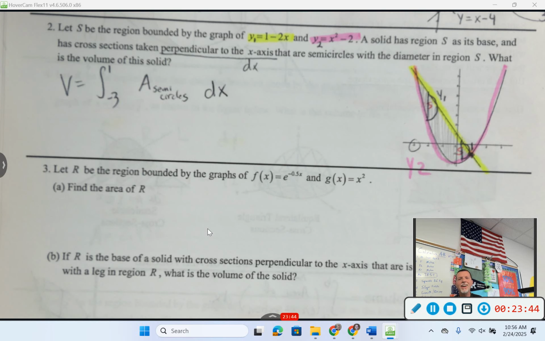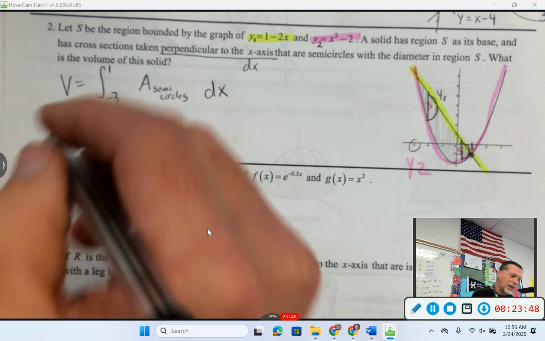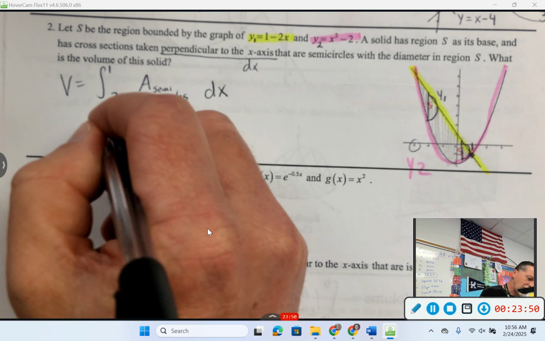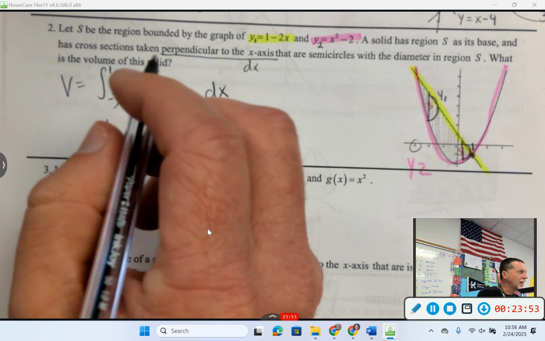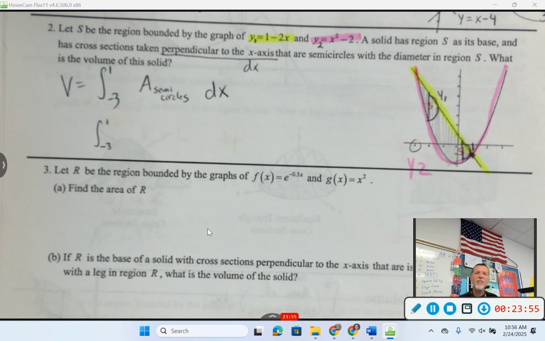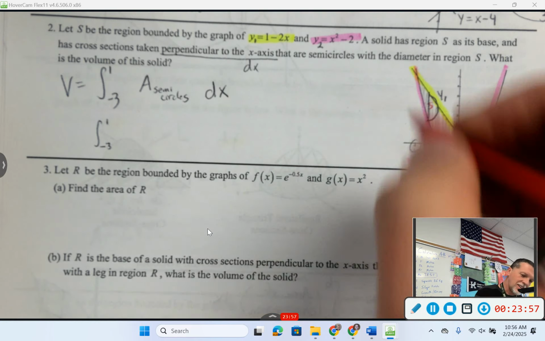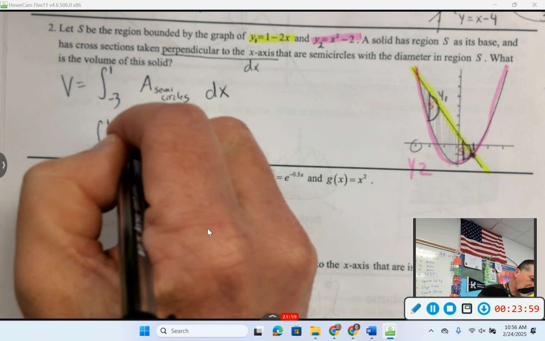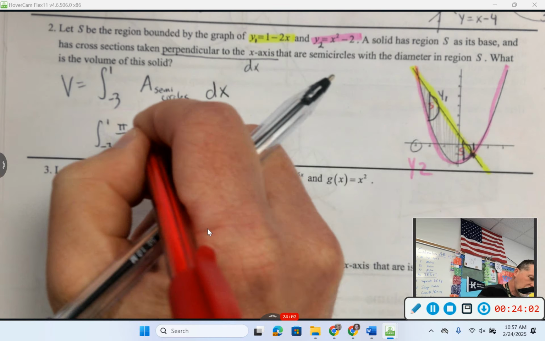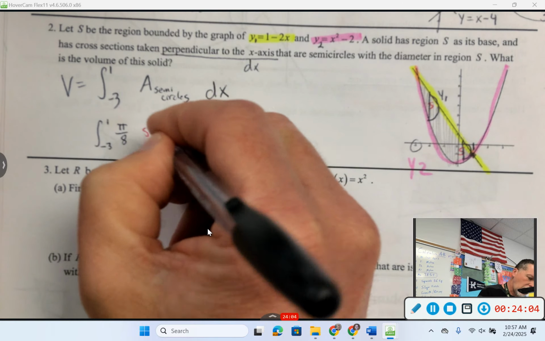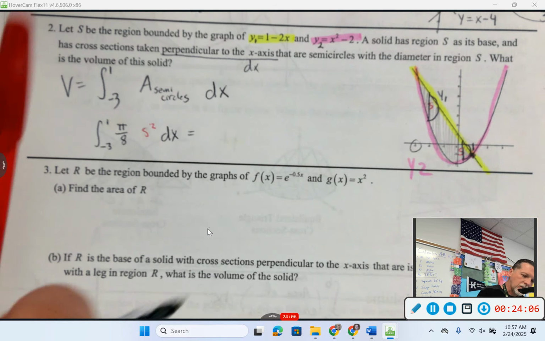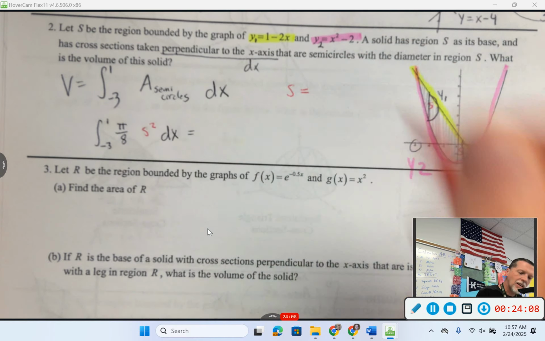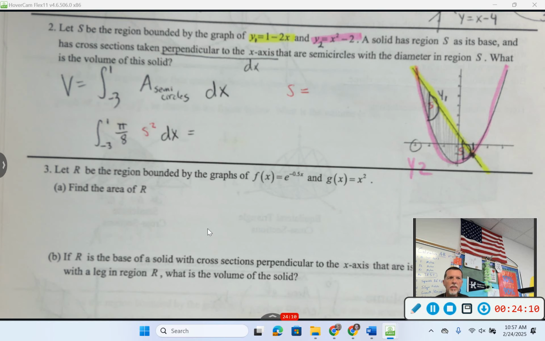Okay. It's 1/2 pi r squared, but what was the shortcut way we could do that? Flip back over if you need. What's the area if you know S? Pi over 8 s squared. Okay, so once again I need to figure out what S is. So S, that height, is just the top one minus the bottom one.